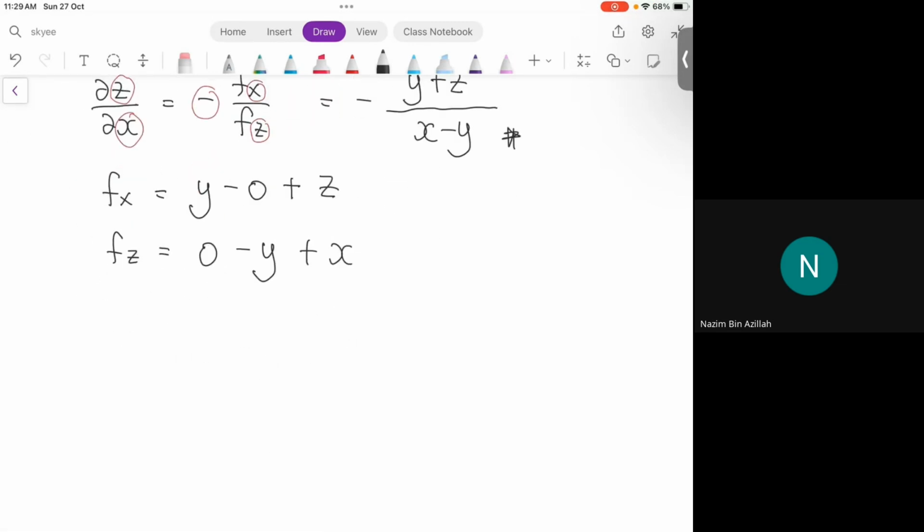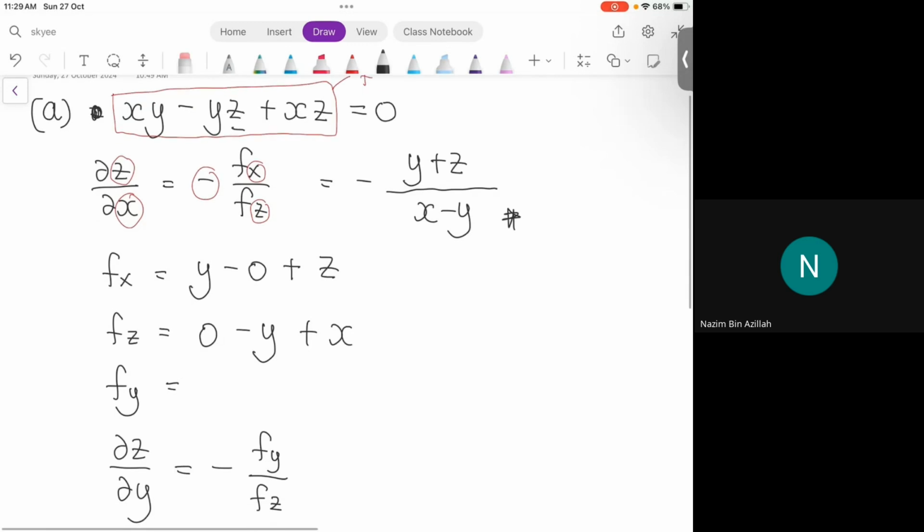Okay, it is del z, del y. The equation for del z, del y is equal to negative Fy over Fz. We have got the Fz, now we need Fy, right? So let's find the Fy.